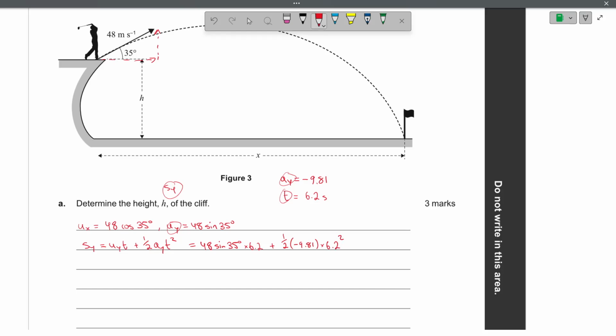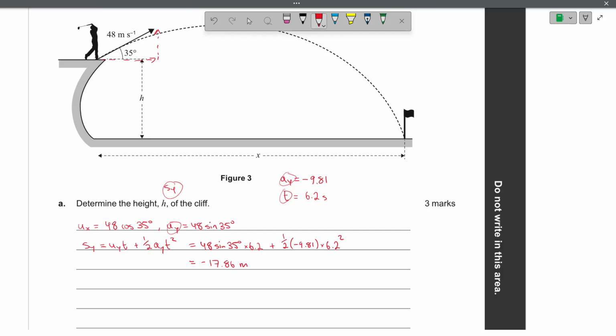Now you just put all that on a calculator and you end up getting minus 17.86 meters. And what that minus sign is telling us is that we've ended up 17.86 meters below where we started. That's all that's saying.